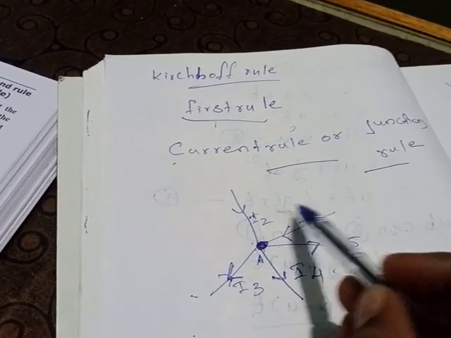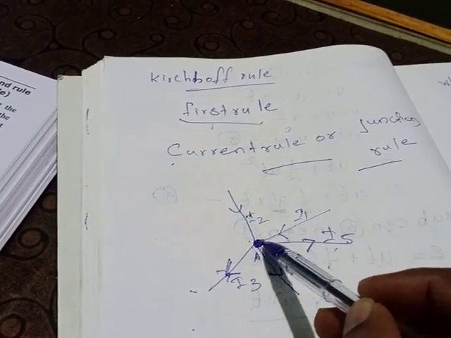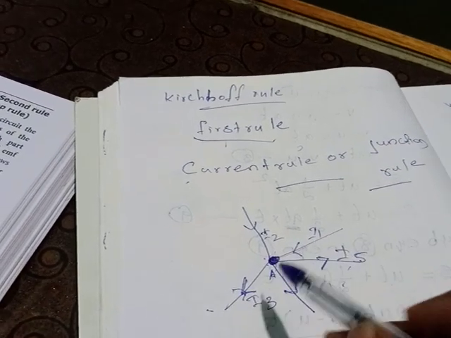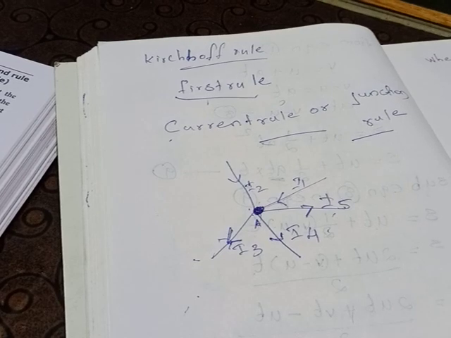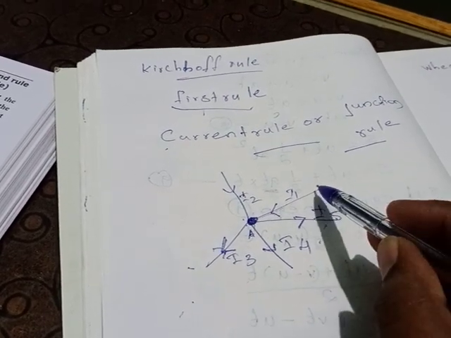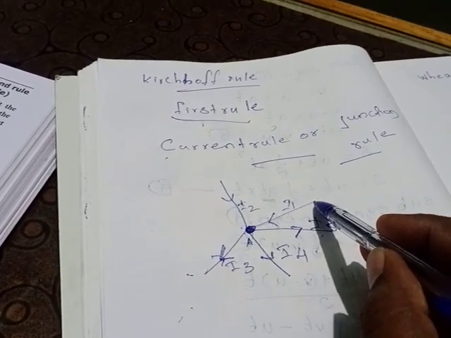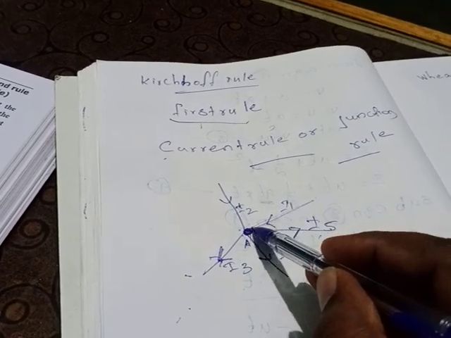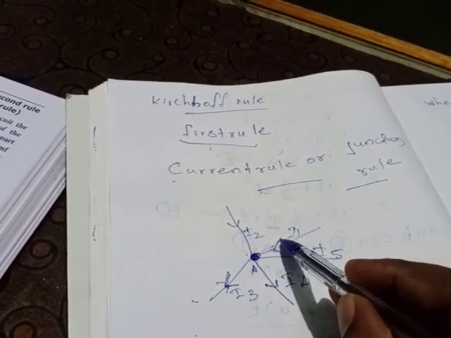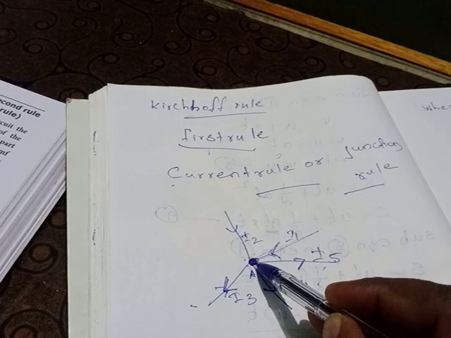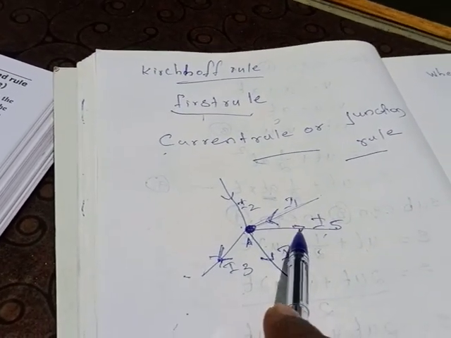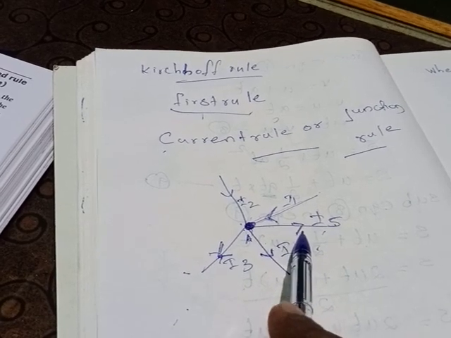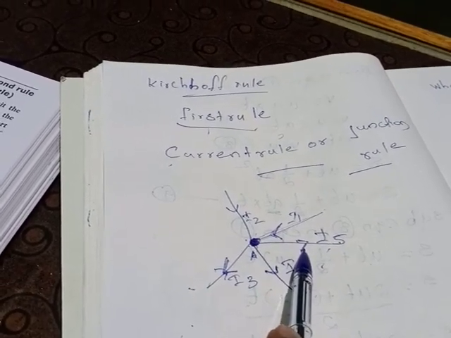This is based on the electron direction and conventional current direction. Kirchhoff is saying that current moving towards a junction we can take as positive, and current moving away from the junction you can take as negative.